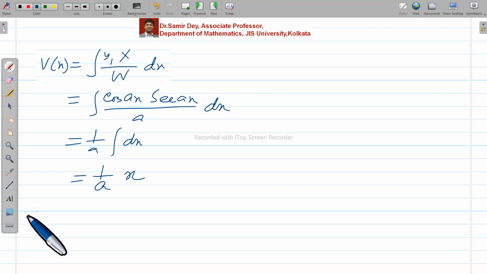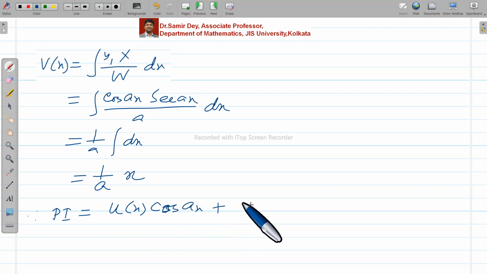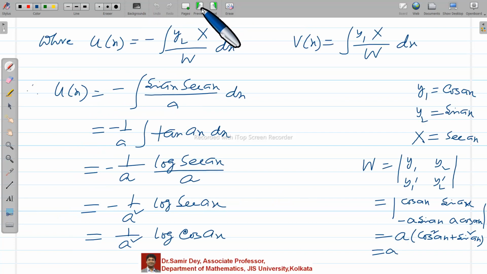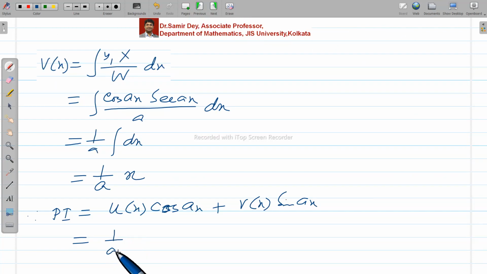Okay, so therefore you may write PI is equal to u(x) cos ax plus v(x) sin ax. So you may write what is your u. You already know, 1 by a square log cos ax, into cos ax. Please use brackets properly.